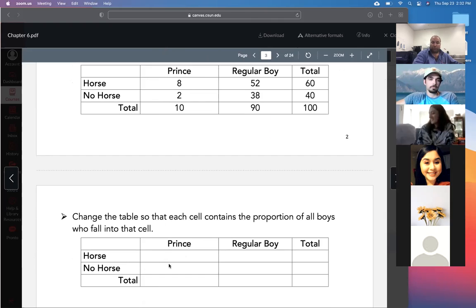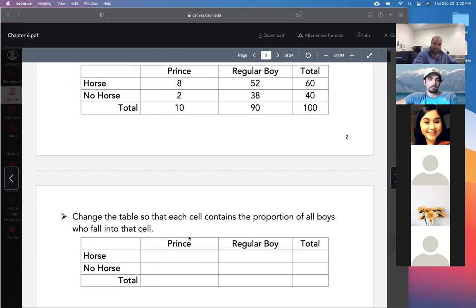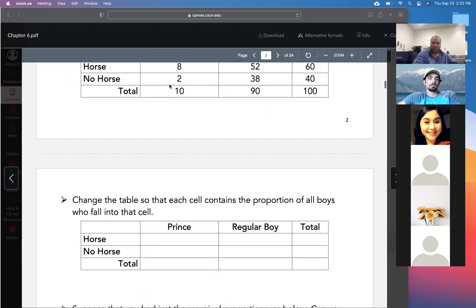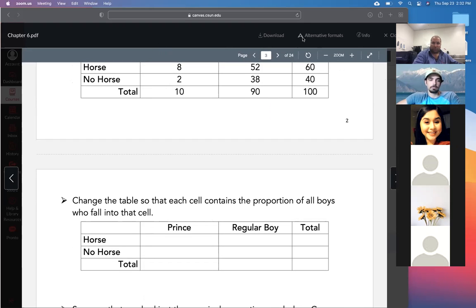Well, let's see what happens when we try to use the multiplication rule. First, what percent of boys fall into this upper left category? 0.08. I want to have these numbers here as well, so that's really the best I can do. Hopefully you can see that.